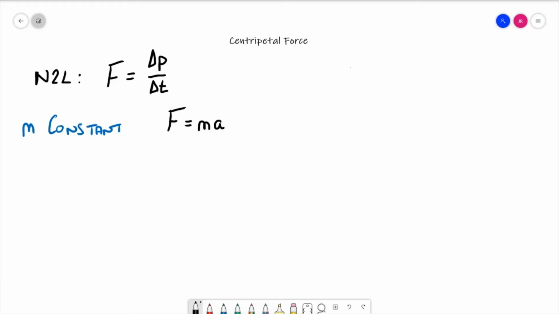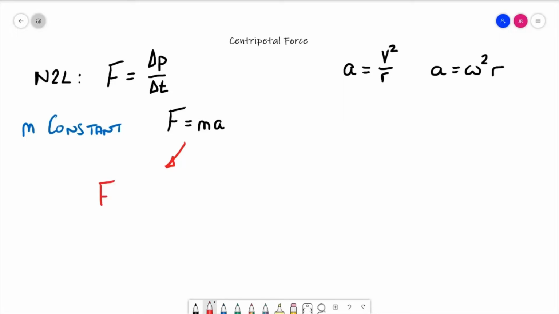From the last slide, we have two different equations for acceleration. a is equal to v squared over r, or a is equal to omega squared r. And therefore, using those two different equations, we can get two slightly different versions for centripetal force.